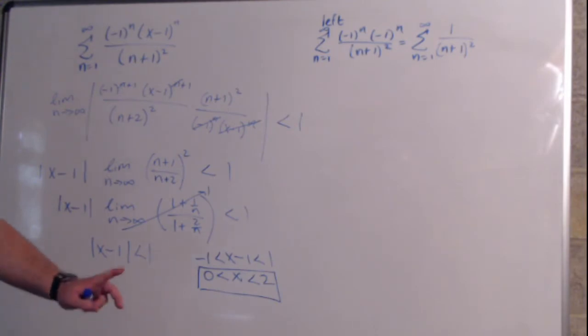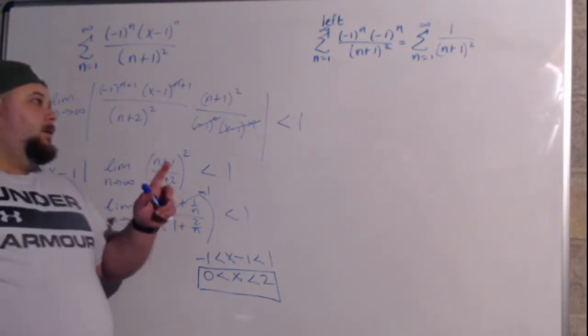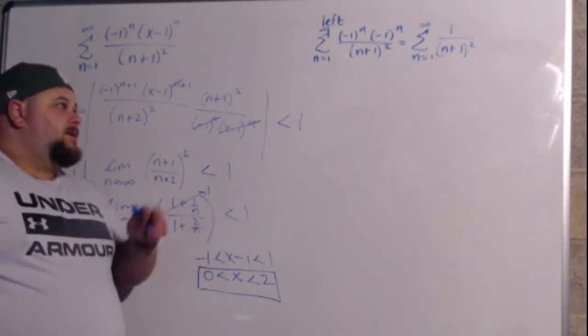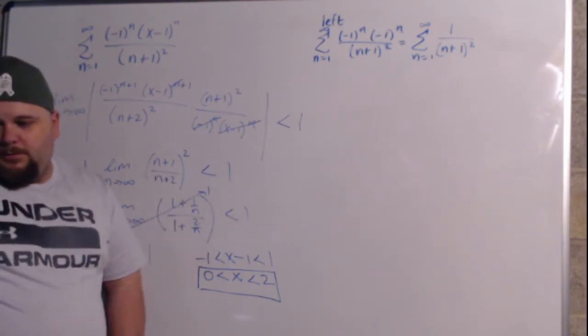Remember, for it to be a p-series, it would have to be 1 over n squared, but this is (n + 1) all squared.